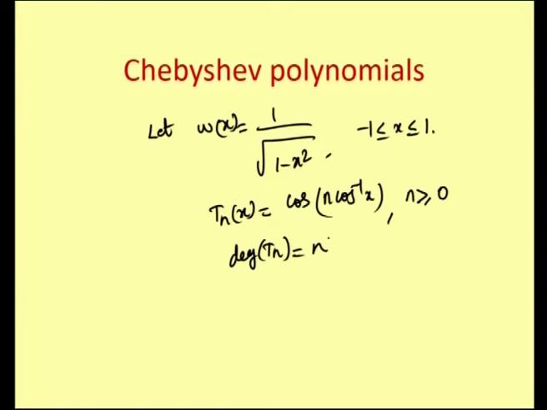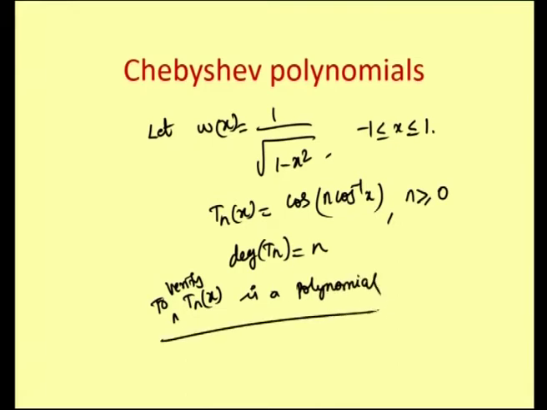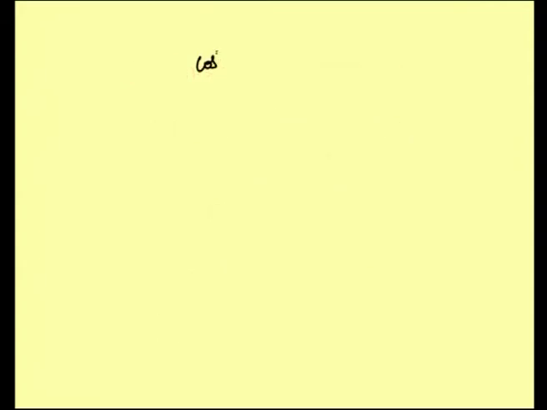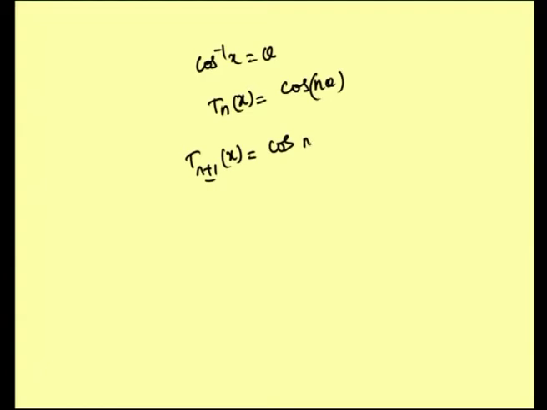And to see that Tn of x is a polynomial, consider cos inverse of x is equal to theta. Then Tn of x becomes cos of n theta. And then T n plus or minus 1 of x is nothing but cos of n plus or minus 1 theta.